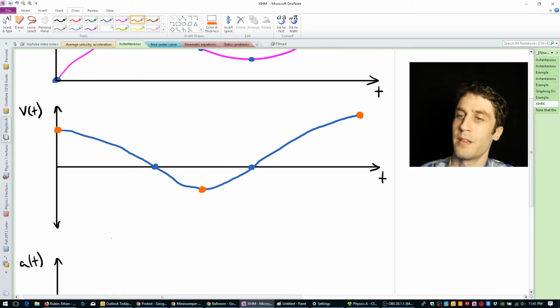Looks like those are maybe points where the velocity is minimized, as well as points where it has the greatest slope. Something like that. And I'll put in a couple more guidelines here.